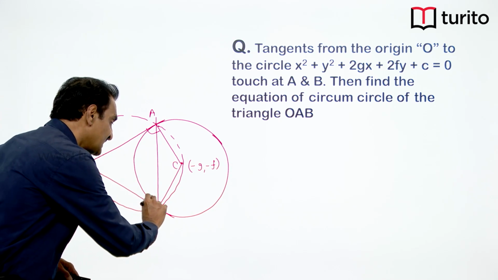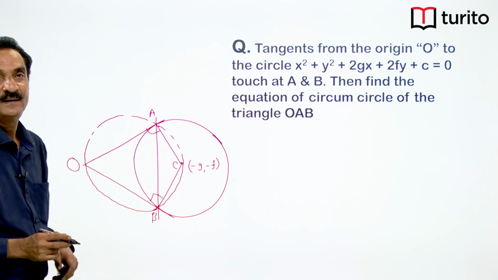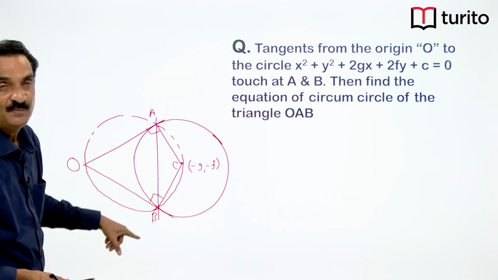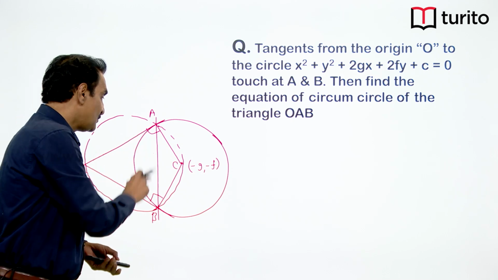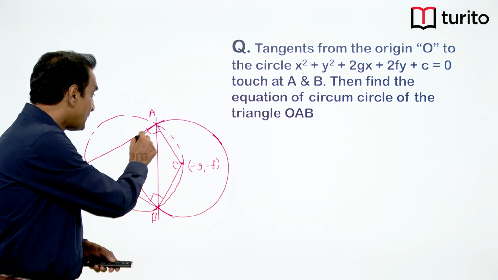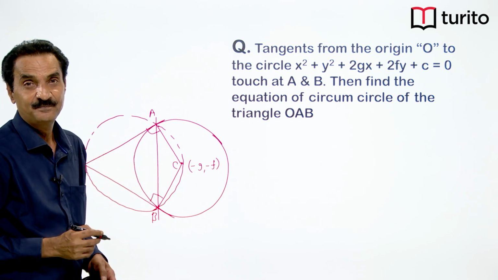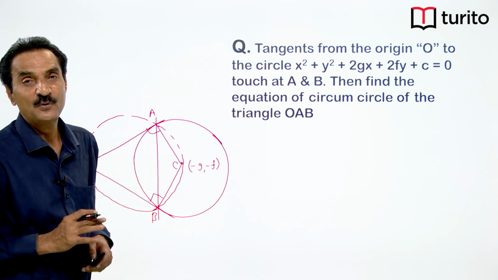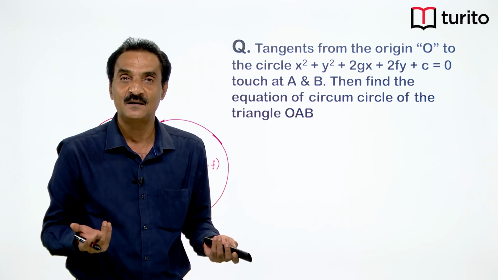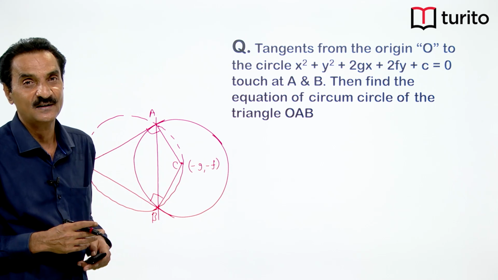And similarly this angle is also pi by 2. So in this quadrilateral OACB, two opposite angles are pi by 2 each, then the sum of the opposite angles is pi. If the sum of the opposite angles is pi, what is the quadrilateral? Obviously, it is a cyclic quadrilateral.